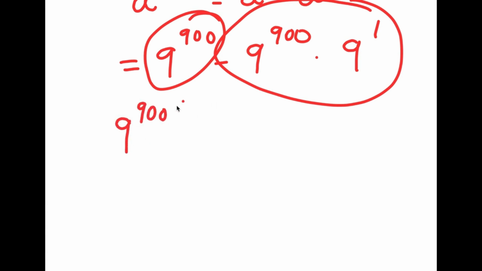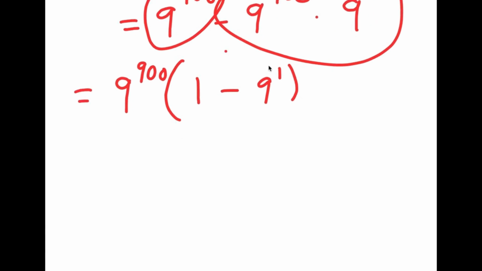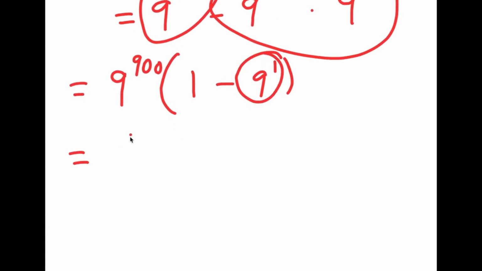So we can factor out 9 to the power of 900, and we get 9 to the power of 900 times, 9 to the power of 900 divided by 9 to the power of 900 is 1, minus 9 to the power of 900 times 9 to the power of 1 divided by 9 to the power of 900 is simply just 9 to the power of 1. So I get 9 to the power of 900 times 1 minus 9 to the power of 1. And 9 to the power of 1 is the same thing as 9, so I get 9 to the power of 900 times 1 minus 9.